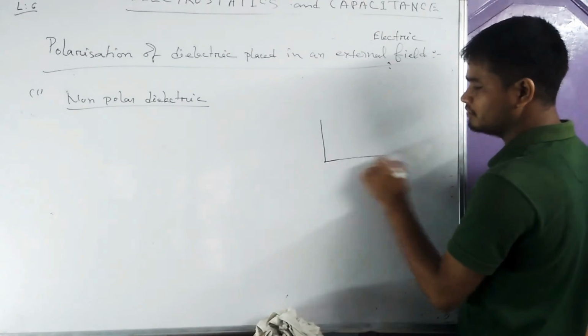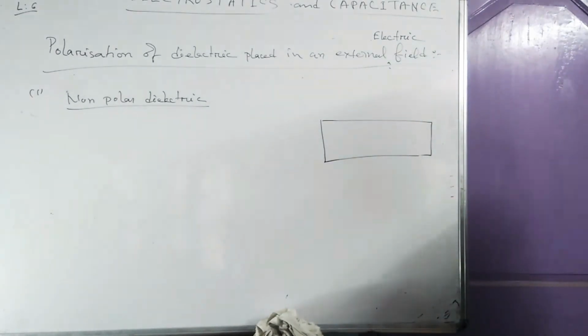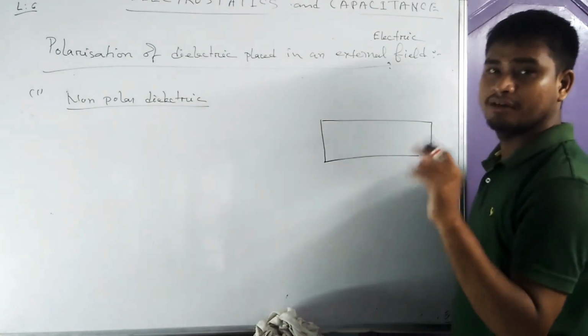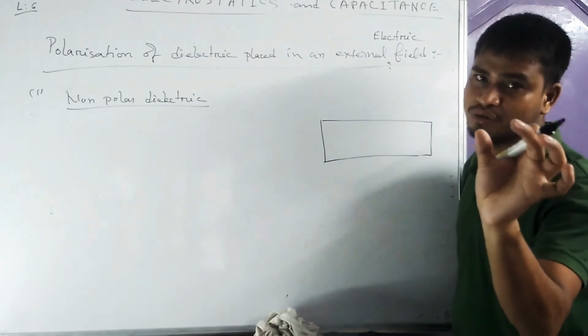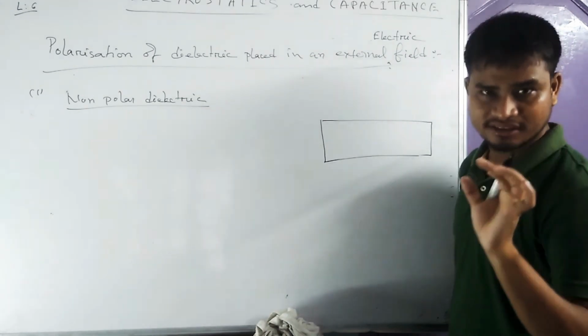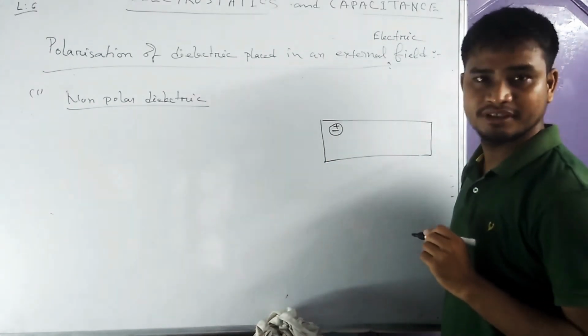Let us consider this is a dielectric. Non-polar means positive charges and negative charges coincide. That is, there is no distance between the charges. Let us consider these are positive and negative charges.